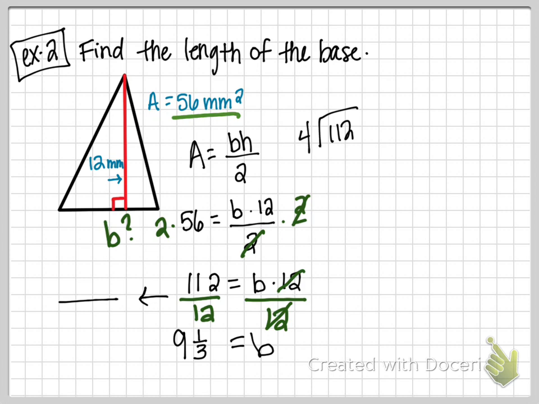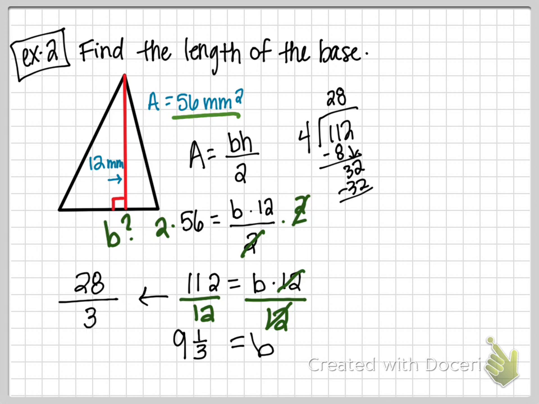Let's do that and get our numerator. 3. Bring down the 2. 4 goes into 32 8 times. So we divided by 4 on the top, we get 28. Divide by 4 on the bottom, what's 12 divided by 4? 3.